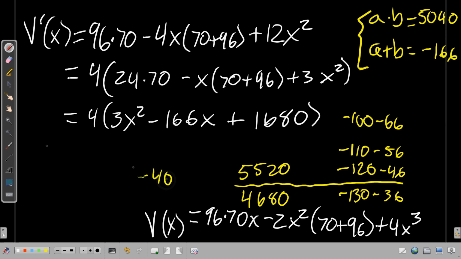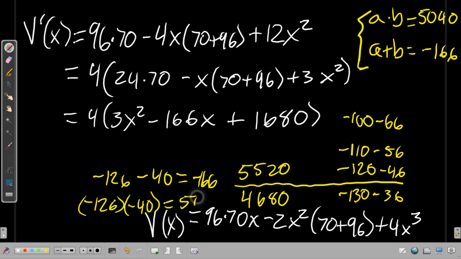So minus 40 over here, and that would mean I have a minus 126. Let's see. And sure enough, that does it. Because minus 126 minus 40 does add up to minus 166, but their product is 5040.